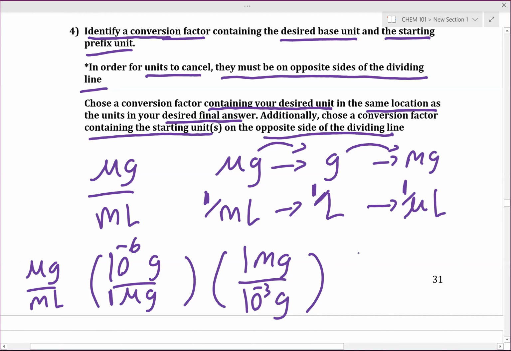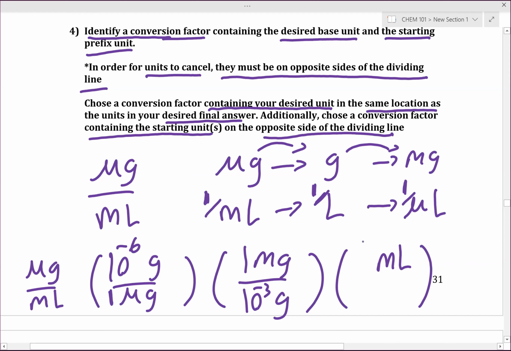On the top or on the bottom? On the top, exactly. We need to have milliliters on opposite sides of the dividing line. So we need milliliters on top. Does that make sense?